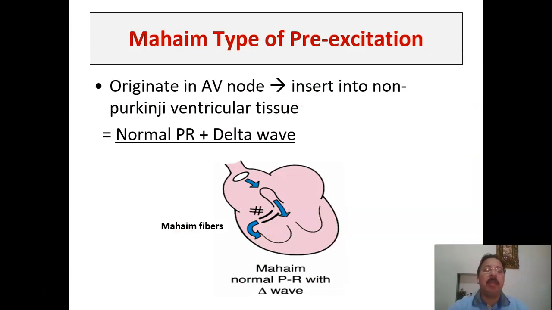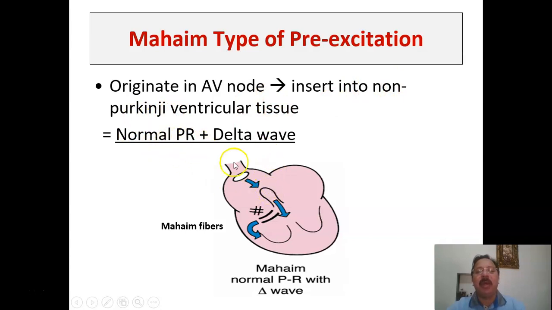The third mechanism of accessory pathways or pre-excitation is the Mahaim type of pre-excitation syndrome. Here, these fibers originate in the AV node, and insert into the non-Purkinje ventricular tissues. So what will happen?